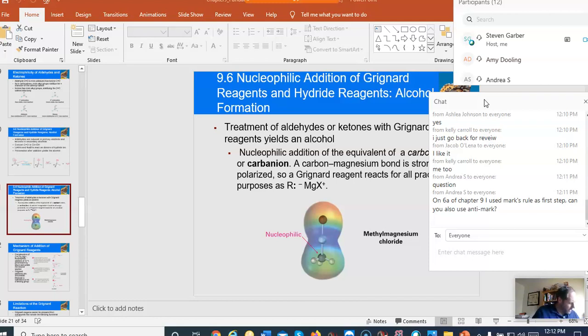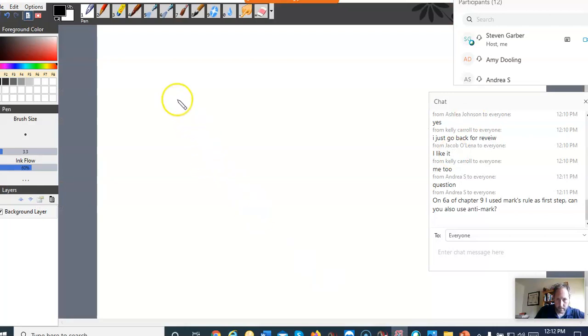So 6A. How would you carry out the following transformations? More than one step may be required. So you're going from hex-3-ene to hex-3-one. Let's number the carbons, 1, 2, 3, 4, 5, 6.